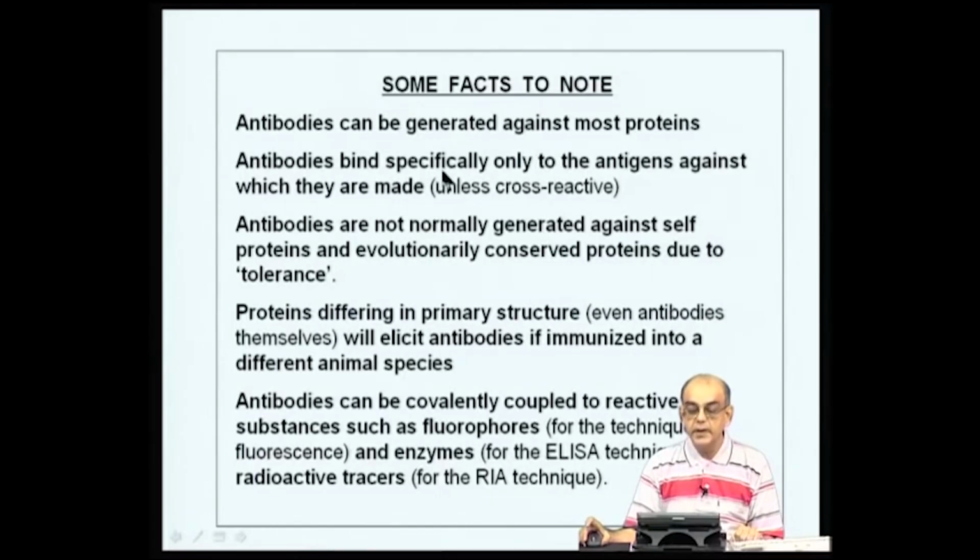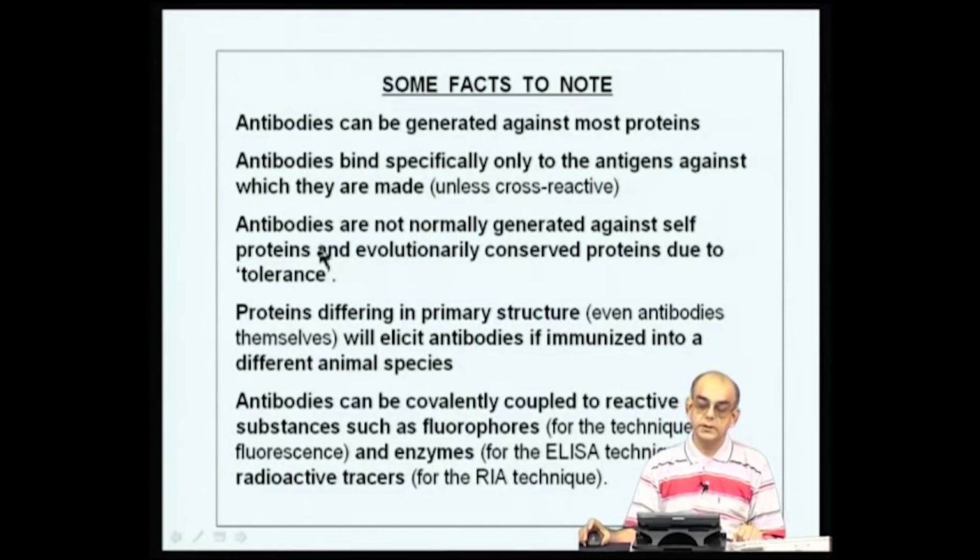So, antibodies bind specifically only to the antigens against which they are made or generated, unless of course different protein molecules share certain amino acid regions and therefore have certain domains that are cross reactive, and the antibody will show some cross reactive binding on such proteins that share some of their regions.